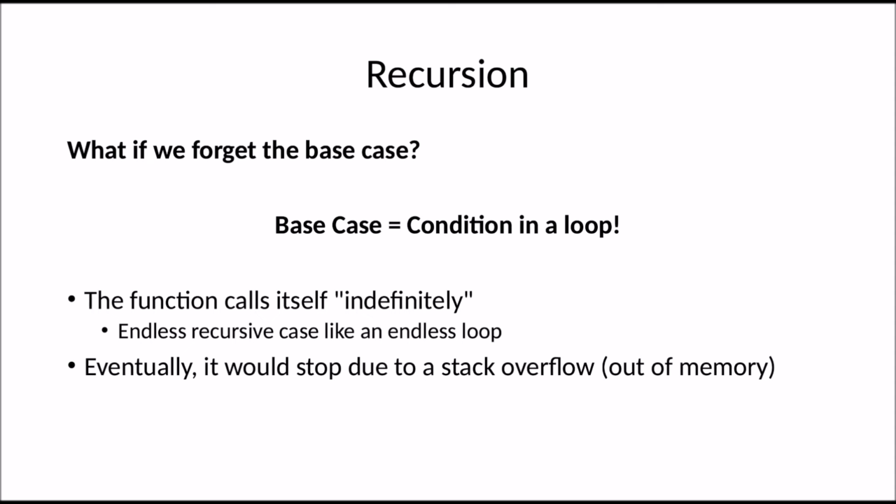Now there's a small difference if we don't have a base case, because using recursion, we always make a function call in each iteration, in quotes. So eventually we would run out of memory since we have a stack overflow. So each function call that we make, we push a stack frame onto the stack.